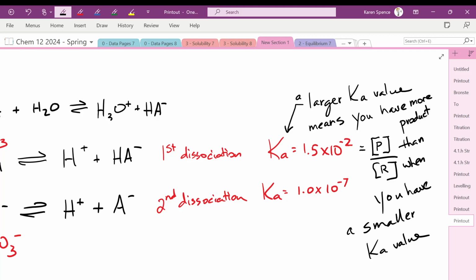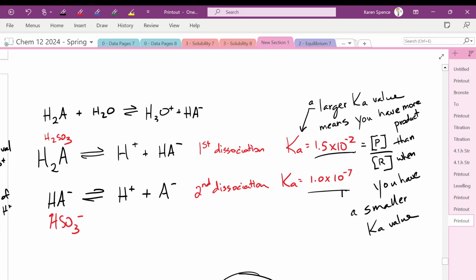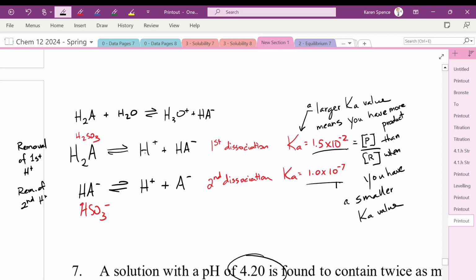So Ka tells you the position of the equilibrium. It tells you the position at which the equilibrium sits. This one sits more towards the right. This one sits more towards the left compared with each other. They both sit more towards the left than the right, but this one is further right than this one. What does that tell you about the hydrogen ion concentration in each case?